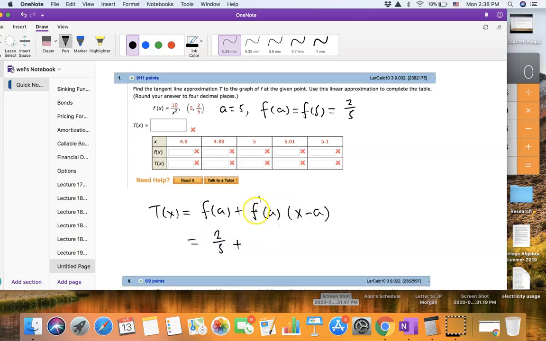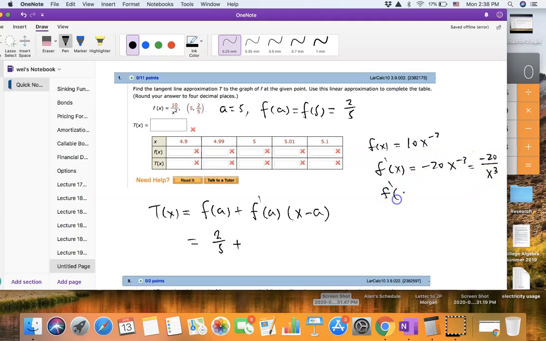Okay, now to know what f prime of a is, first we're gonna take the derivative of this function. So its derivative is negative 20 times x to the power of negative 3, which is negative 20 over x to the third.